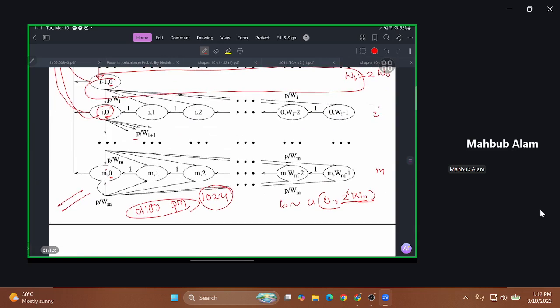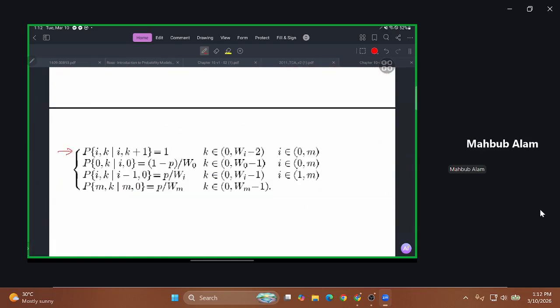90% of the state transition probabilities are given. What is this? If your current stage is i, this indicates your stage. If it is 0, that means you are dealing with a fresh packet. If it is non-zero, that means the packet has experienced some transmissions. So when the stage is equal to 1, that means you are now attempting to transmit a packet which has experienced one collision.